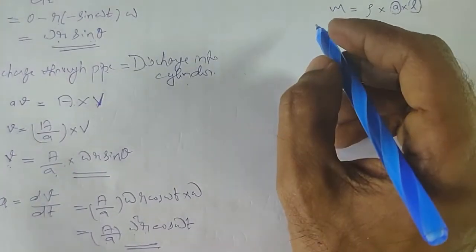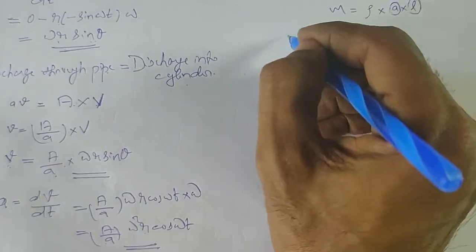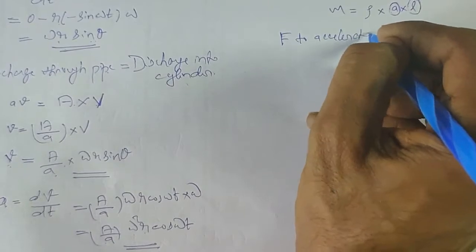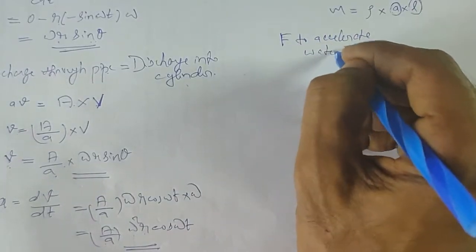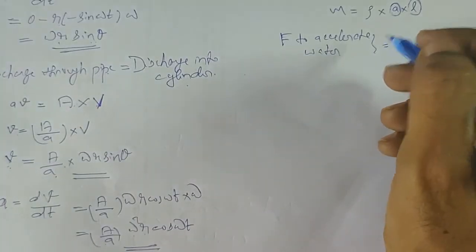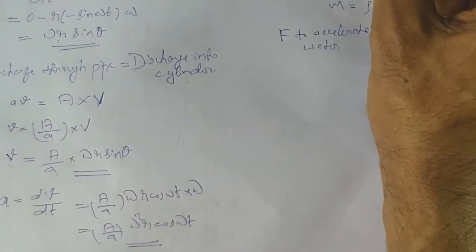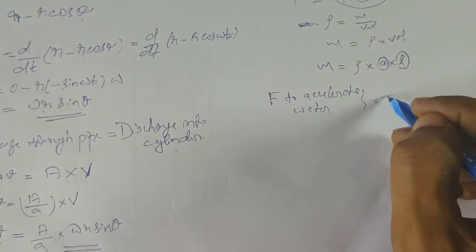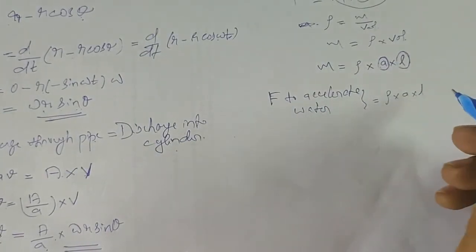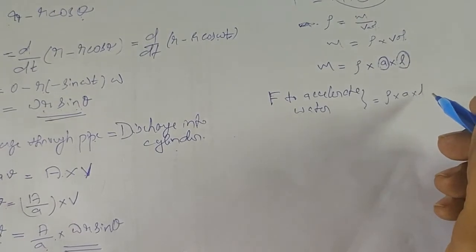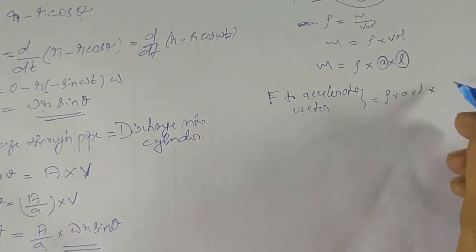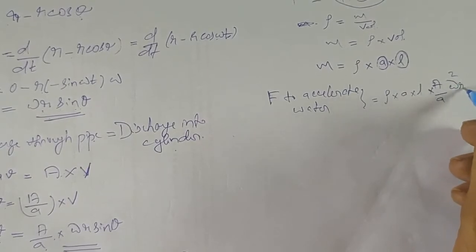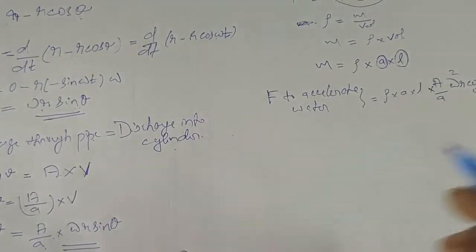So the force required to accelerate water in a suction pipe or delivery pipe will be equal to mass into acceleration. Mass we have found as rho a l. Then acceleration we have obtained as (A by a) omega square r cos omega t.